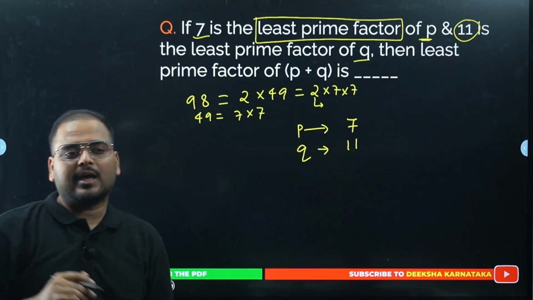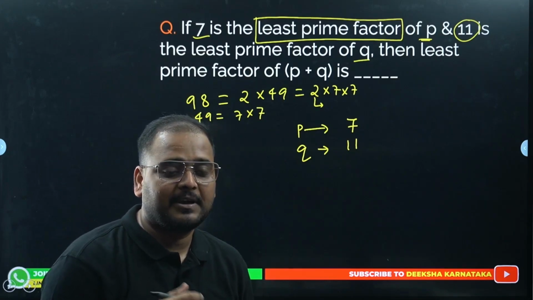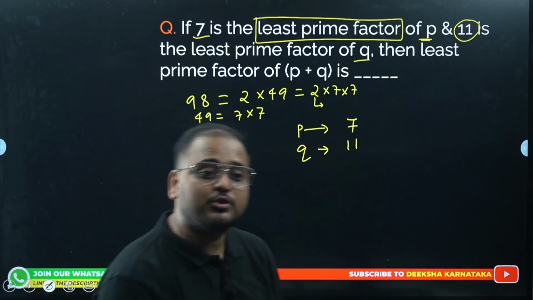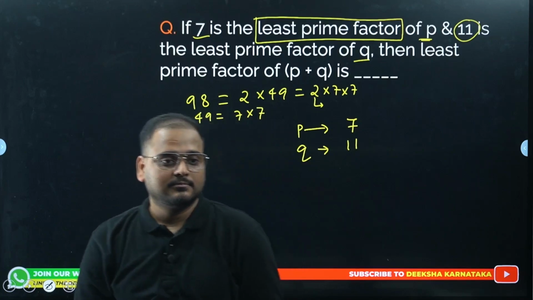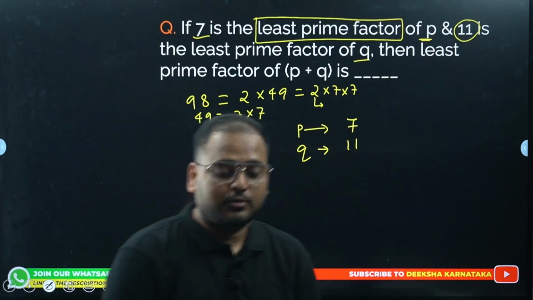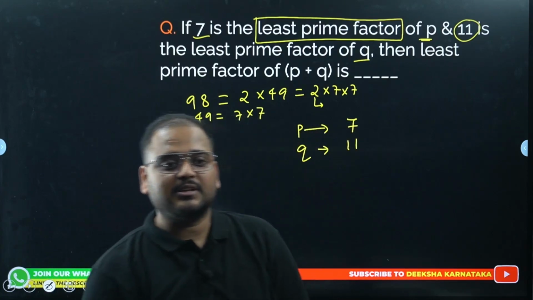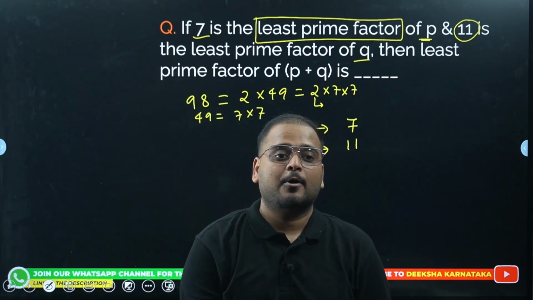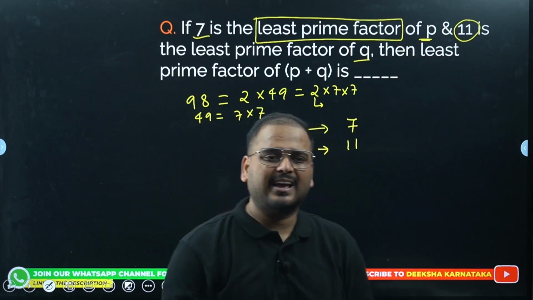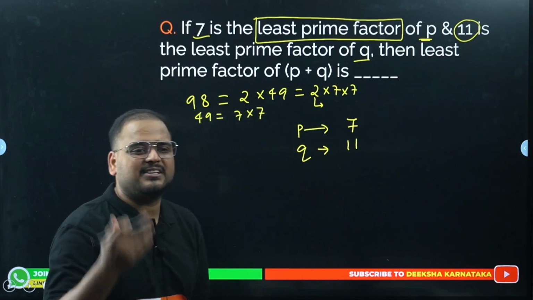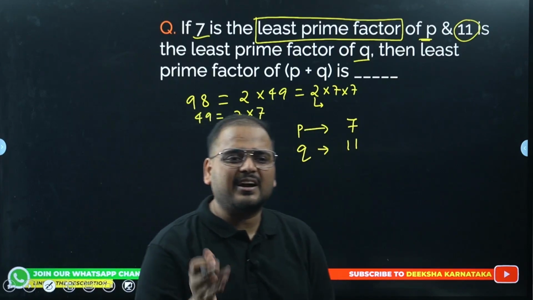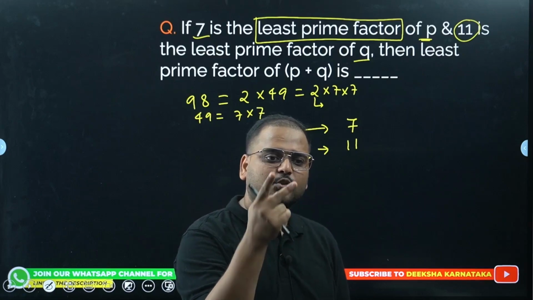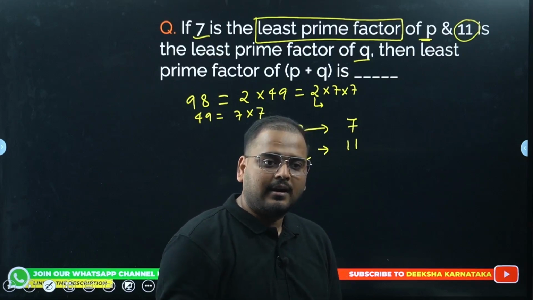Now the concept part. Think. Even numbers are ending with 2, 4, 6, 8, 0, right? If a number ends with these, it's an even number. So for any even number, what is the least prime factor? Any number you take, 128, 64, all these numbers are divisible by 2. It means 2 will be one of the factors. And is 2 prime?